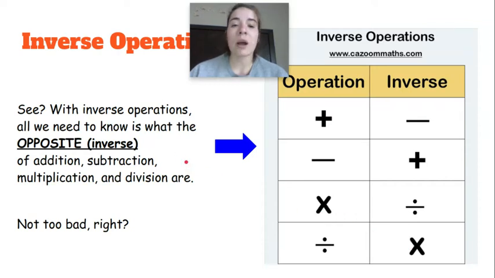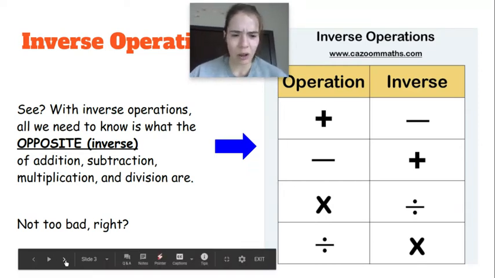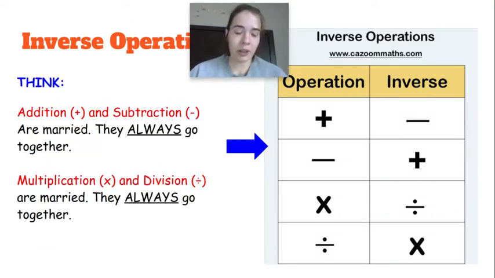See, with inverse operations, all we need to know is what the opposite or the inverse of addition, subtraction, multiplication, and division are. And that's not too bad, right? Right, it's not bad at all. This stuff is simpler than y'all think.